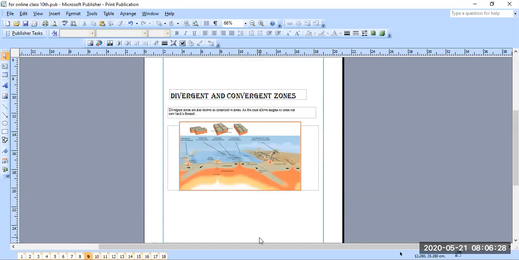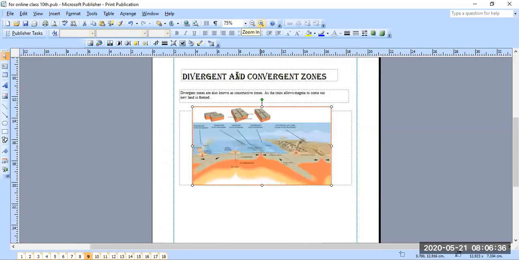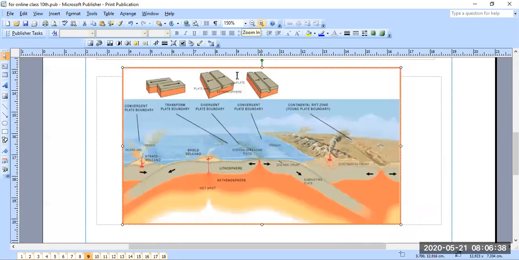Now, how does this happen over the surface of the earth? If you see a little bigger picture, if I may zoom in, this is how the land looks. Some of the land is under the ocean, and some of the land is above the water bodies.